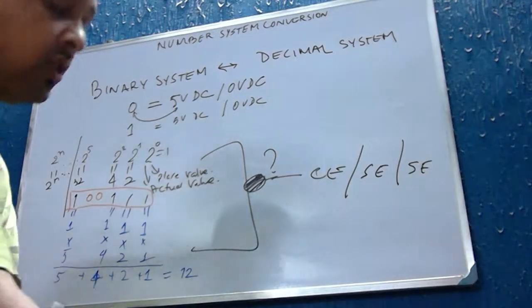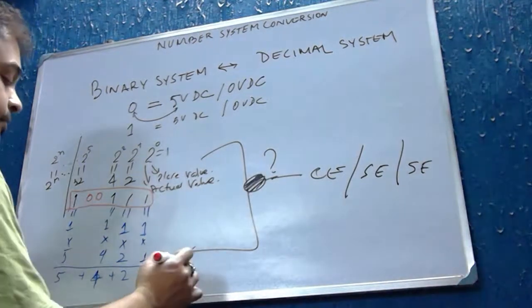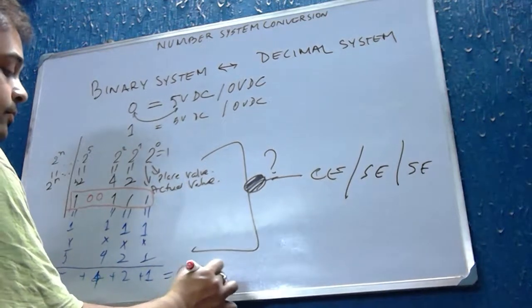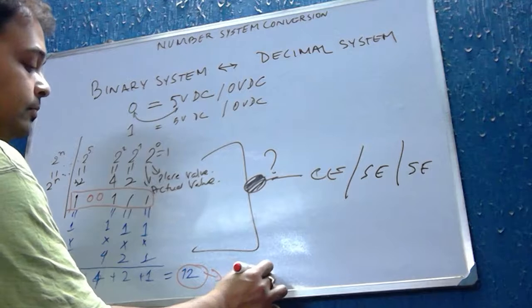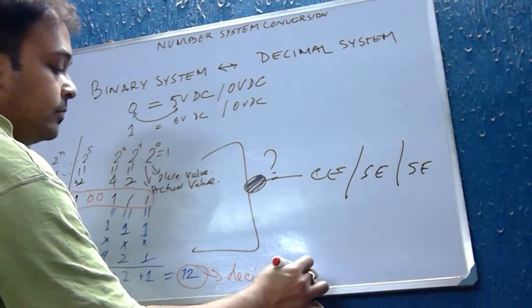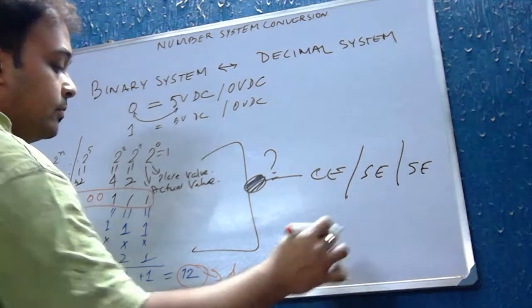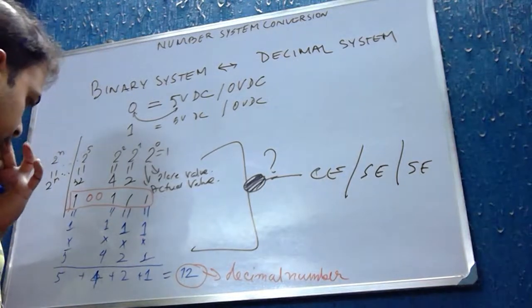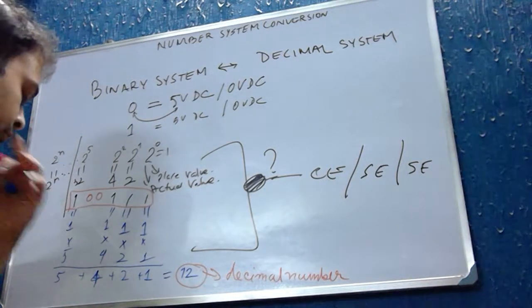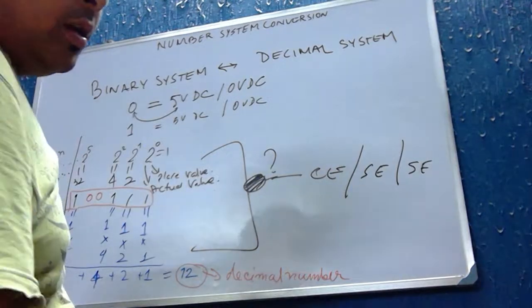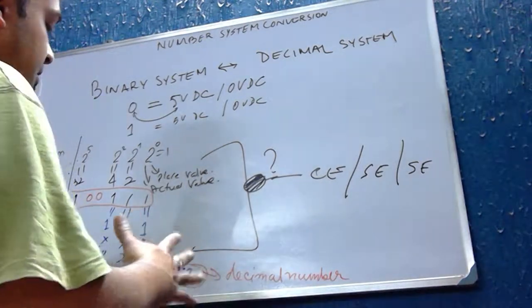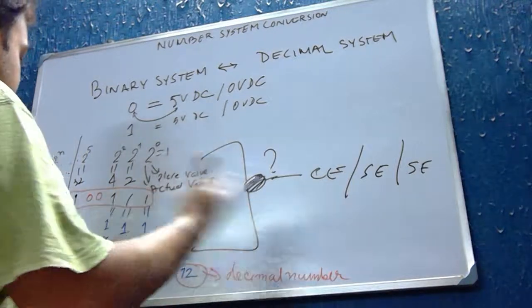So this is your decimal number. Right? So now that was from binary to decimal.